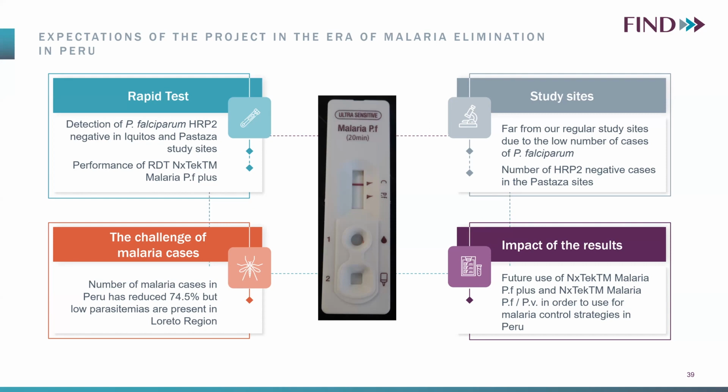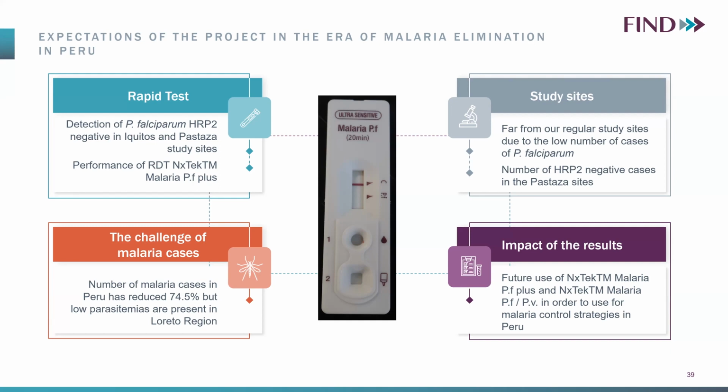The other one is the challenge of the malaria cases that we have now. The number of malaria cases in Peru has reduced 75%, but low parasitemias are present in Loreto region. So this is a big challenge for us and a big issue as well.